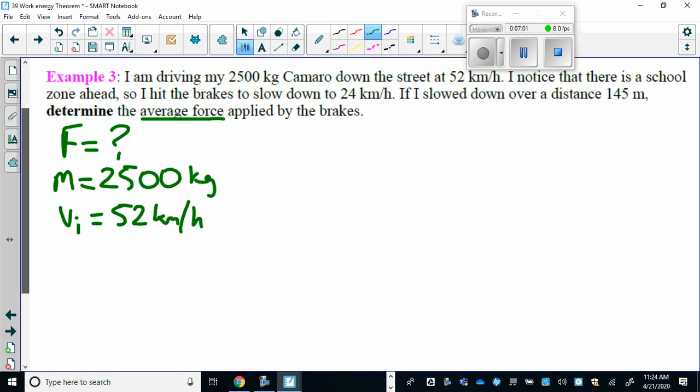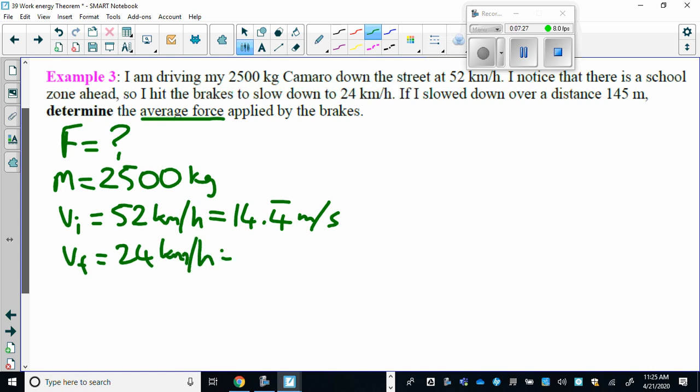Let me get it. 52 divided by 3.6 is 14.44 repeating. And we have the final velocity, 24 kilometers per hour. 24 divided by 3.6 is 6.6 repeating.